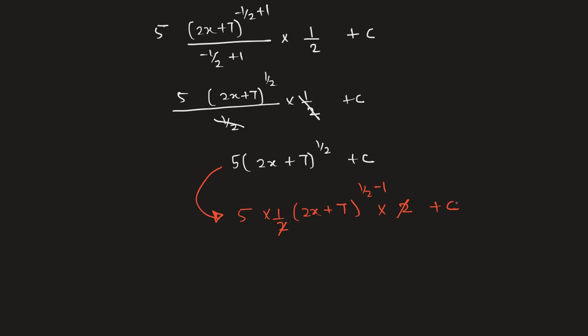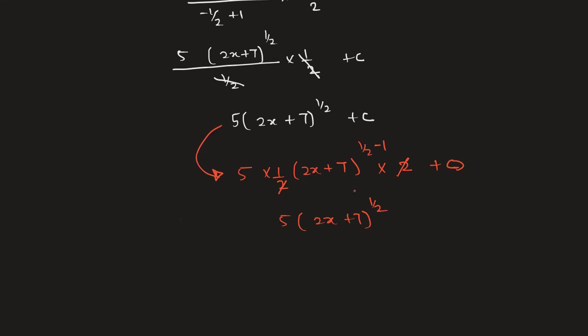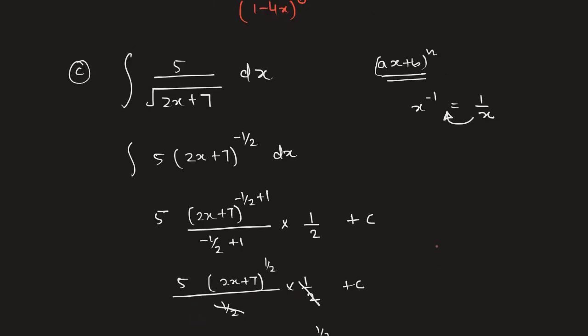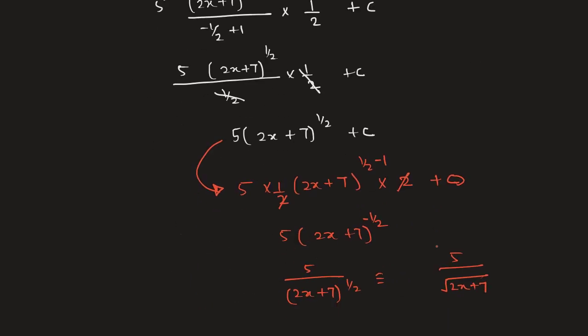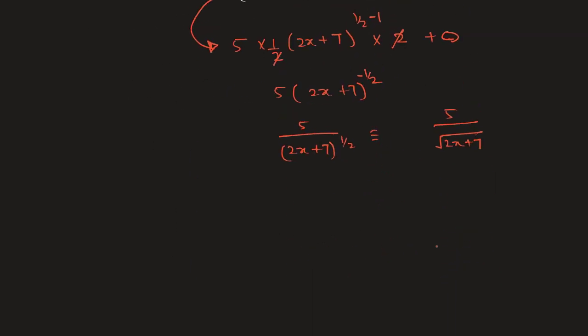Sorry, differentiation of c is 0 over here. Now what we'll get is 5 (2x plus 7) to the power negative half, which can be written as 5 upon (2x plus 7) to the power half, which is equivalent to 5 upon root over (2x plus 7). We started with the same function and we ended up with it. I hope your idea is clear on this part.